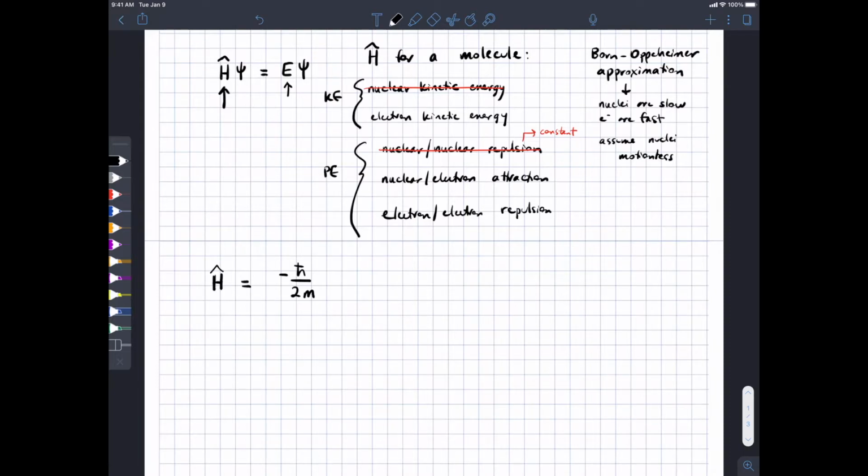And then there's going to be many electrons in the molecule, so we're going to sum all of them to get an overall electron kinetic energy. Total number of electrons, little n, i represents any arbitrary electron. And this upside down delta squared represents the second derivative for an individual electron.